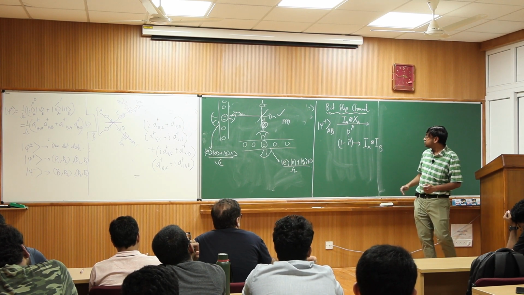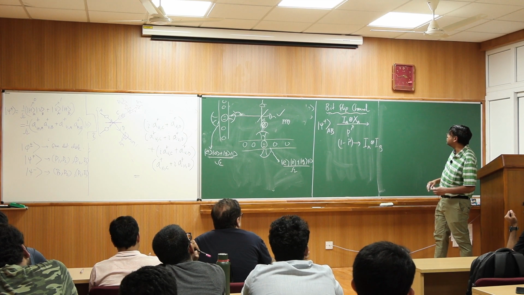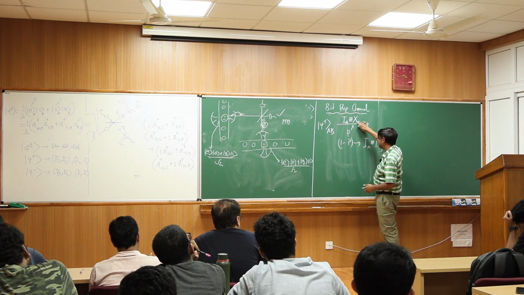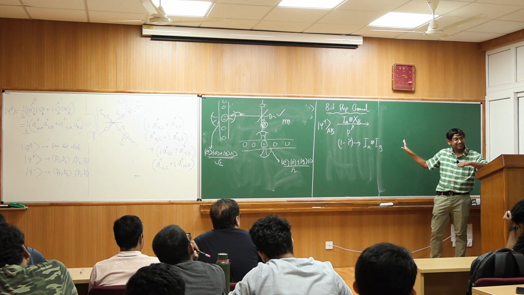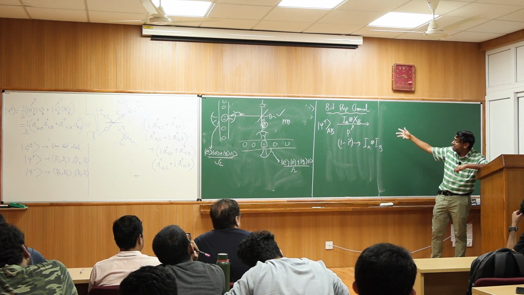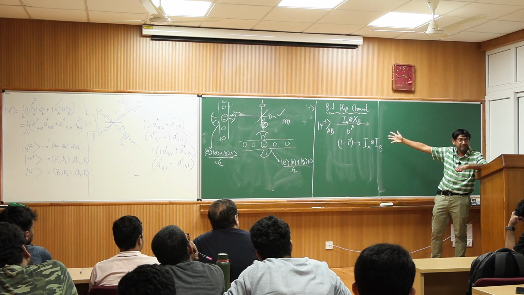Oh sorry, XB. Thanks very much, good, you're following. So randomly XB happens on the photon sent through the channel with probability P, and with probability 1 minus P nothing happens.